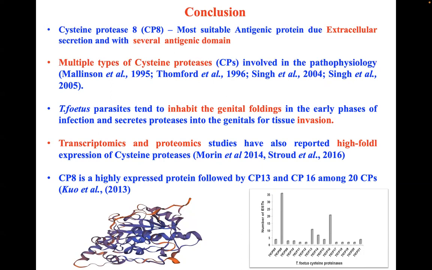These are all several cysteine proteases that were identified to be present in this organism. Cysteine protease 8 is the highest, followed by cysteine protease 16, cysteine protease 13 and 16. So these three are the most among all 20 cysteine proteases. So all the cysteine proteases will be involved in damage, but which is the major cysteine protease involved in causing more damage? How can you identify? If they are present in large number, they will attack more.